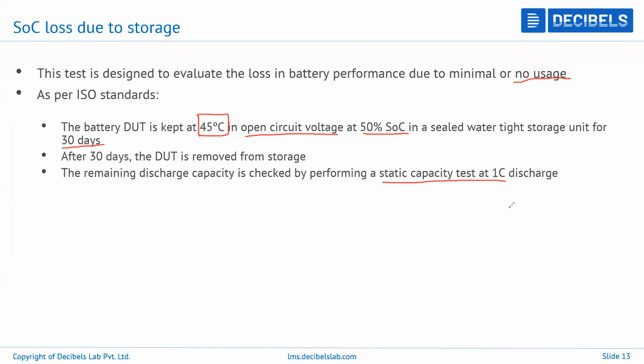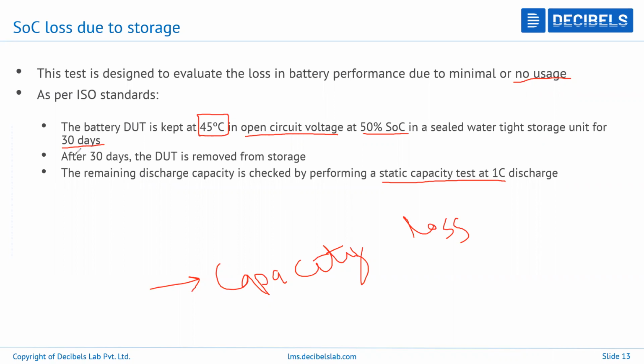After this, the permanent loss in capacity is observed. This is another type of capacity loss which occurs due to isolation, and this is the main criteria: to see how much capacity has been lost due to extended periods of storage.